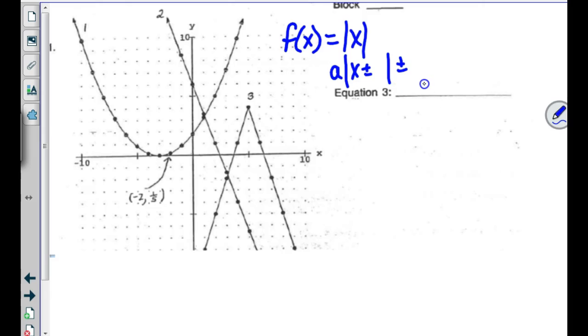Okay, where is it normally, I'll call it a vertex point, is normally at 0, 0. So this one has shifted right 5 and up 1, 2, 3, 4. Okay, so where do you want to put those numbers in?